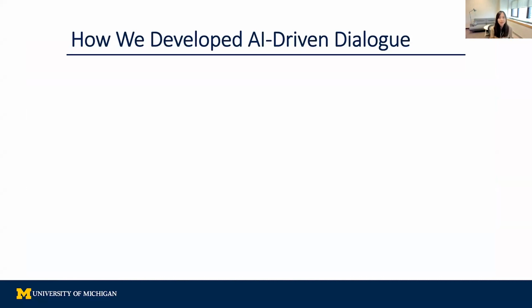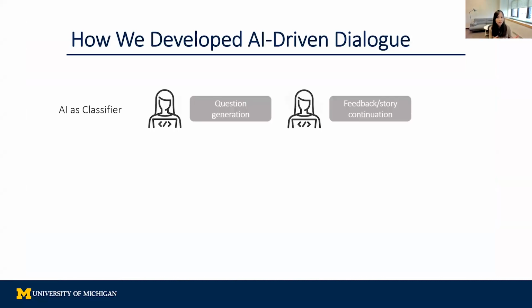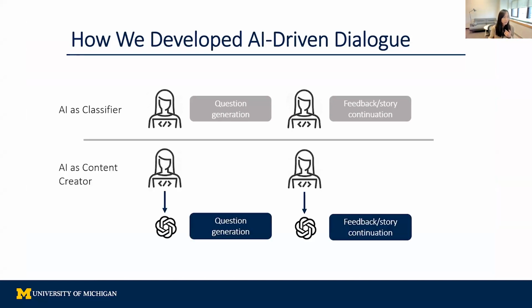So how does the process of developing this AI differ from how we approached our previous projects using prescripted dialogue trees? In our previous interactive video project with Eleanor and her race car, the researchers were responsible for writing the questions and feedback that Eleanor provides to children.